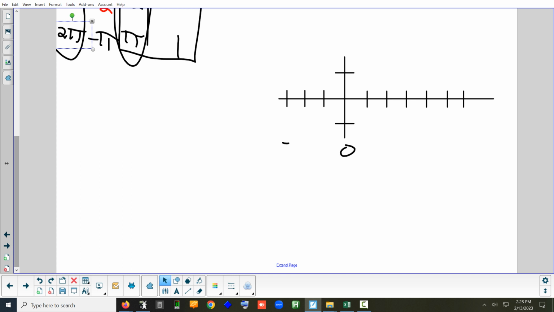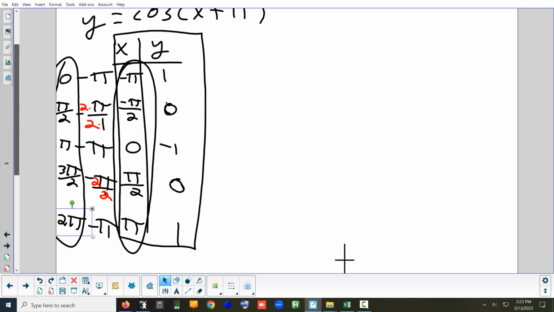Okay, so this one will be negative pi, negative pi over 2, pi over 2, and pi. If you look at it in degrees, that's negative 180, negative 90, 0, 90, 180. They're all 90 apart. Now, graph your points.